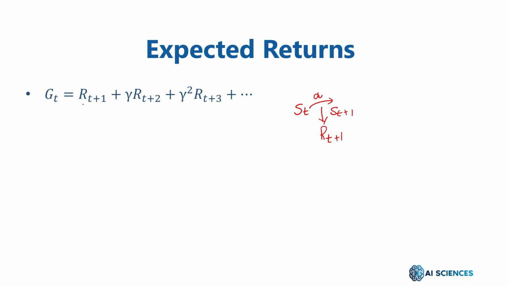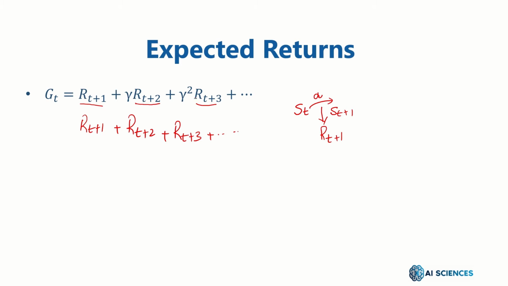For example, this is the immediate reward, then you move to some other state. In that state, you choose some action and receive this particular reward. Then you move to some other state, choose an action, receive this reward, and so on. In the very linear form, we write R_t+1 plus all the future rewards. Obviously all these rewards depend upon the actions you choose in future. So this is called the return at state t.